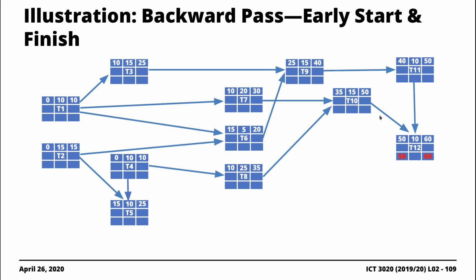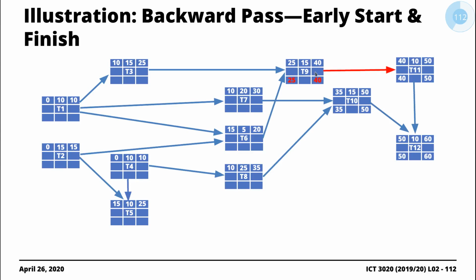We go to 11, right? And 11 will just pull the late start, which is going to be our late finish for the preceding task. And then we subtract 10 and get 40. We go to 10, we do the same thing. We get 50, put it there, right? Subtract 15 to get 35.